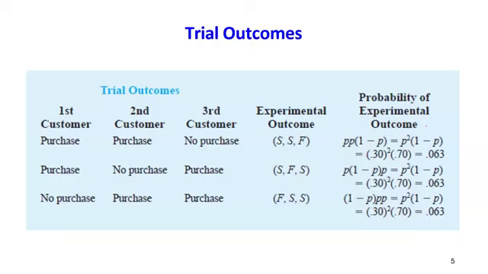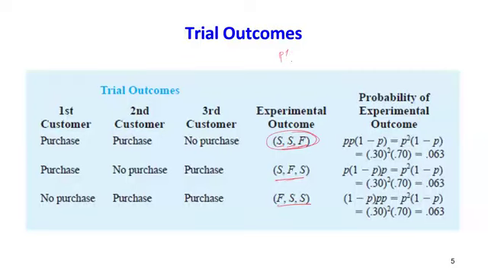Okay, what is this method? For example, I've taken all the scenarios of two customers making a purchase. The first person making a purchase, the second person making a purchase, and the third person not making a purchase, and similarly the other two options. So now this is a joint probability.